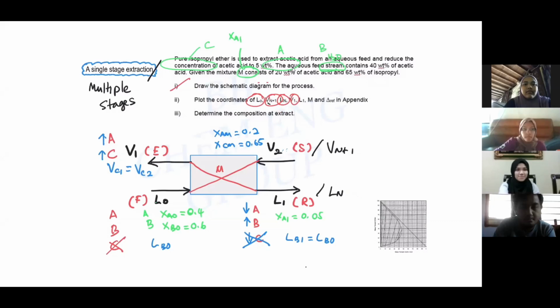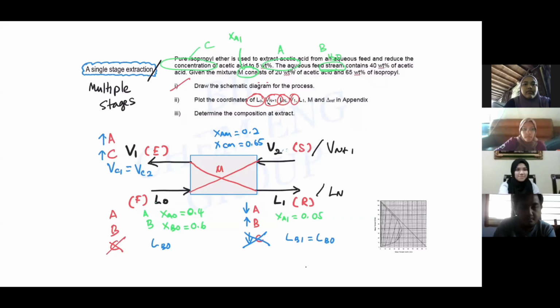The only question is whether we treat this as a single stage or multiple stages. If it's known to be multiple stages, treat it as multiple stages. If it's known to be a single stage, treat it as a single stage.